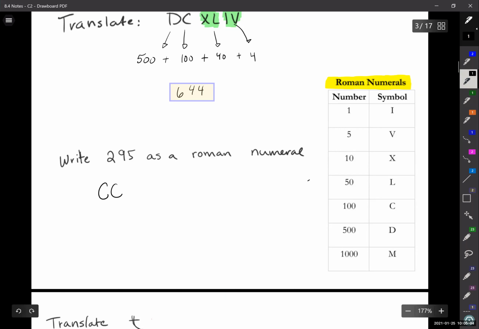The 90 is an X coming before a C. And then the 5 is just the V. So remember with the Roman numerals, if it's ever something like a 90, a 9, things like that, do the X before.